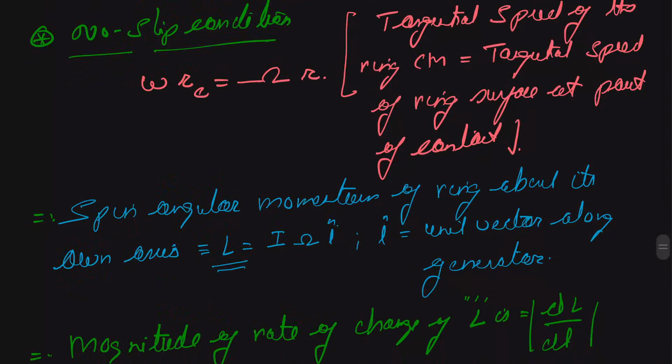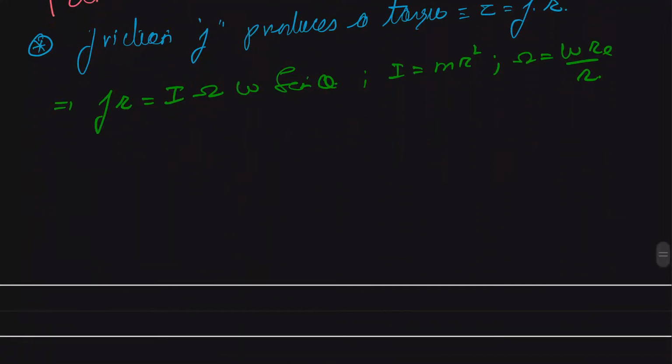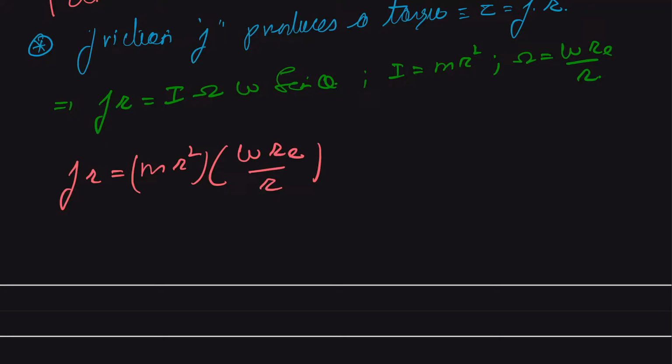Yeah, from here we can calculate it, and therefore we get that FR is equal to mR², this is omega R_E upon R, and what is left?